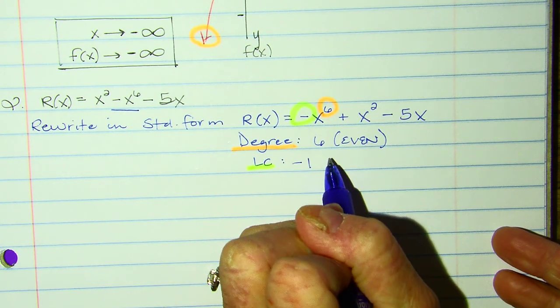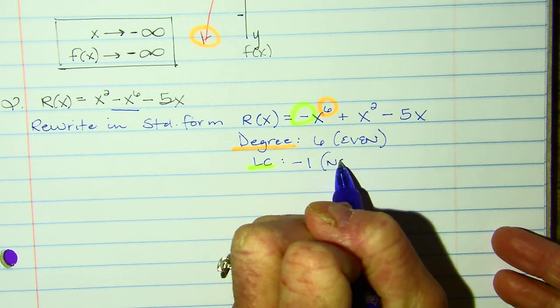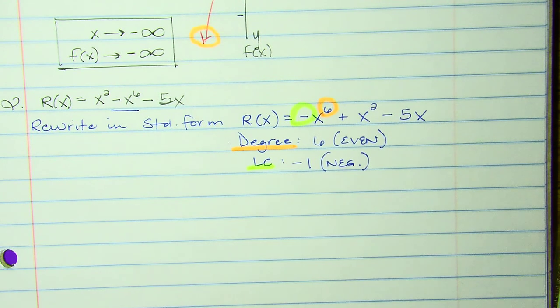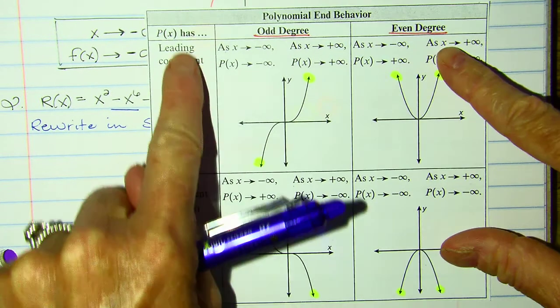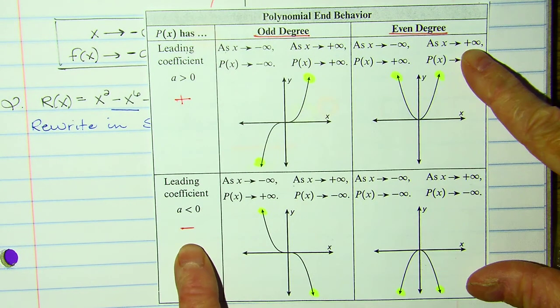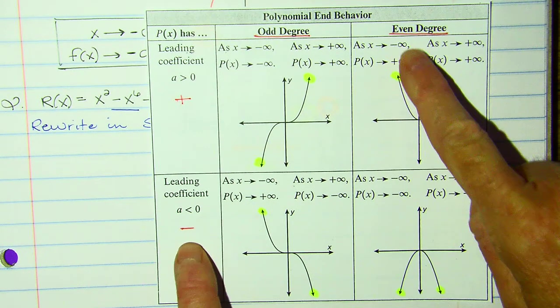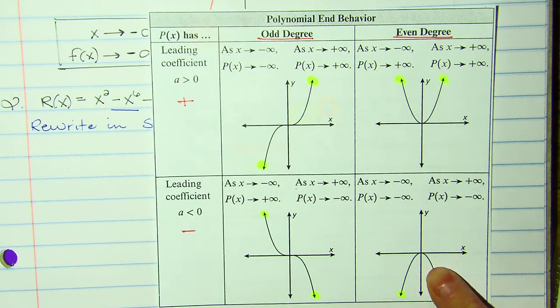So this is negative. Okay, and then let's now look at our chart. So my leading coefficient is negative, and I have an even degree. So I'm looking at this bottom box here.